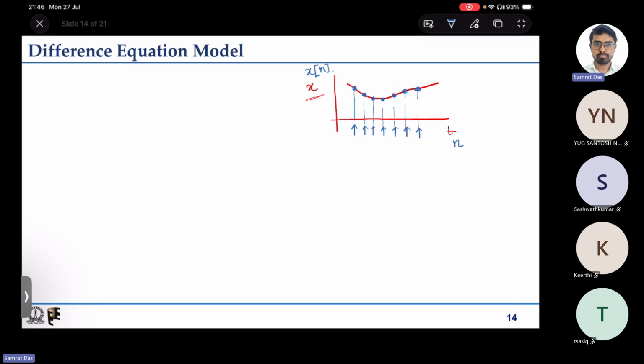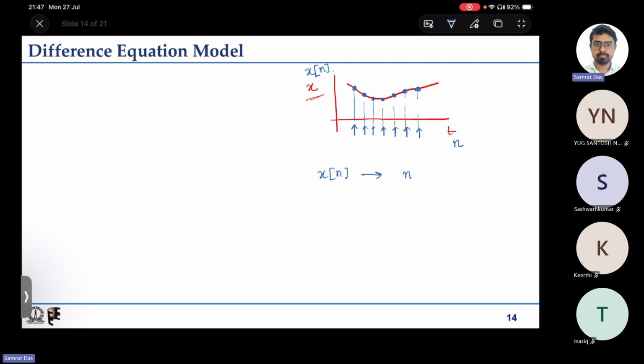So, whatever I am indicating with the blue arrow marks are the sampling instances, and at that instant, whatever is the value of the continuous time variable x, that will only be held. So, in discrete time, x n is only defined for n, where n is an integer number.